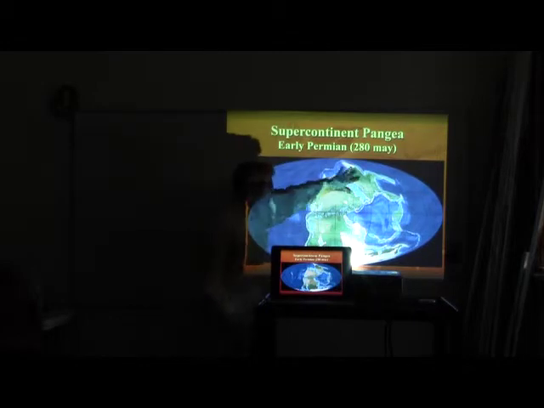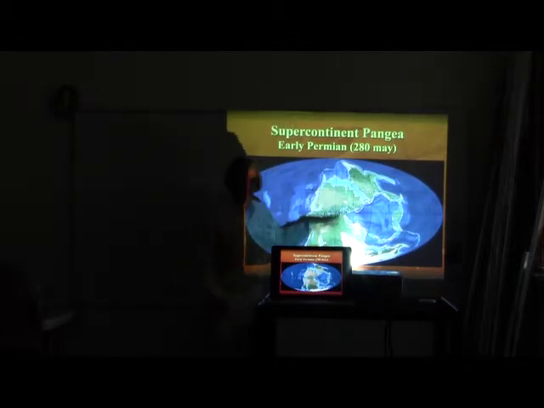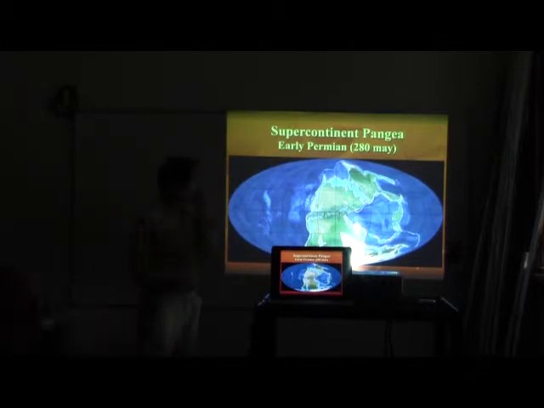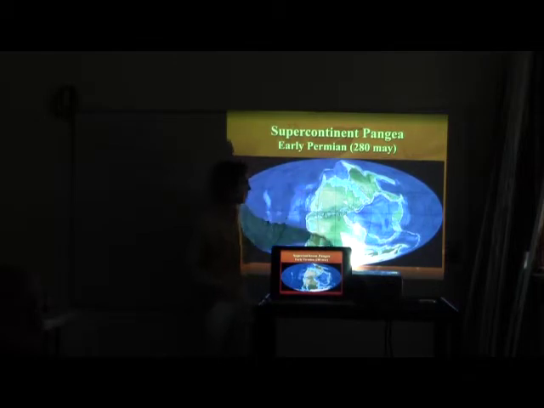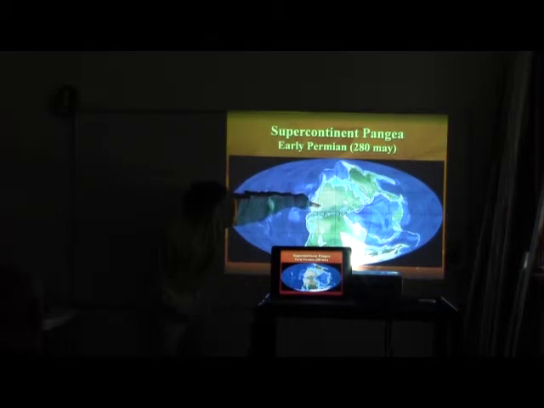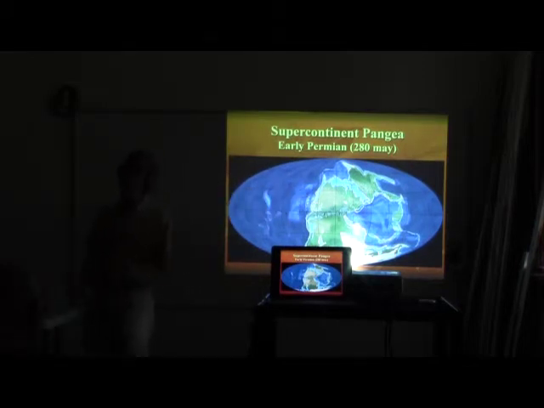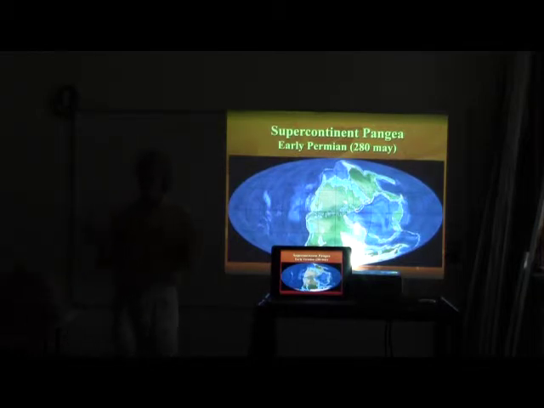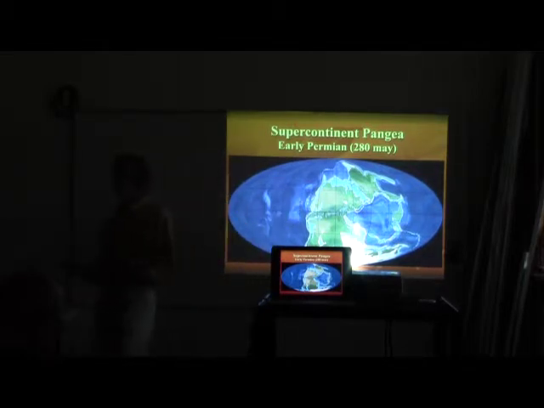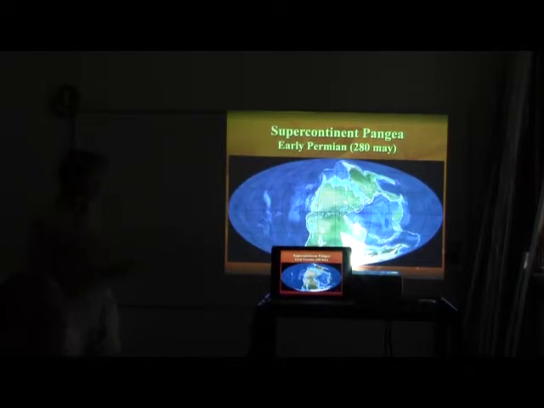So we had this one giant landmass that included almost all of the continental land masses on the Earth at that time, that stretched almost from pole to pole, maybe a little more to the south, didn't extend quite as far to the north. And Kansas would be located right about there, which is about 10 degrees north of the equator. So at the time, Kansas would have been equatorial, on the western margin of this giant supercontinent that extended almost from pole to pole.